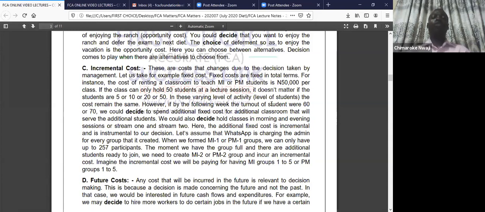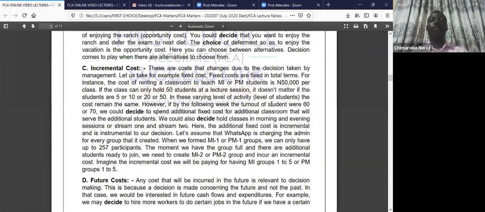When you are doing 20 units, you are spending money proportional to 20 units. So the increase from 10 to 20 is an incremental cost. It happens every time in variable costs. But when it comes to fixed cost, it doesn't happen that way most times.